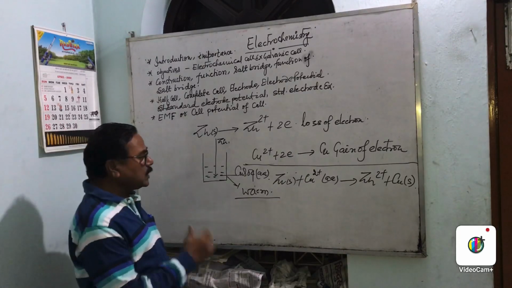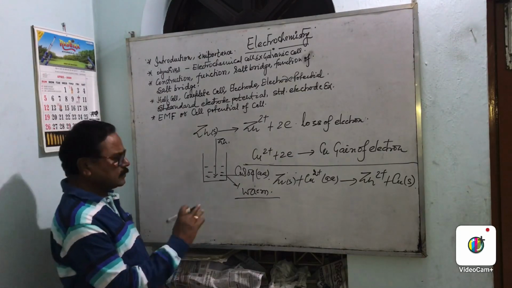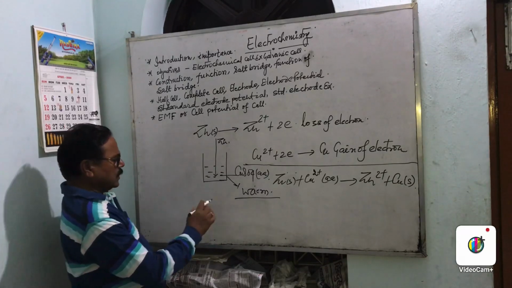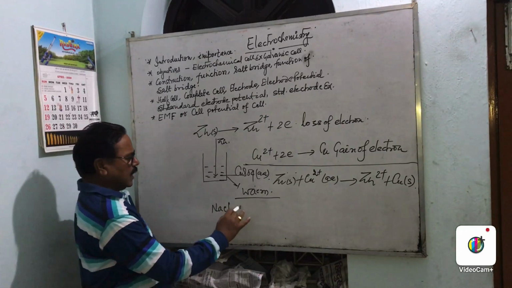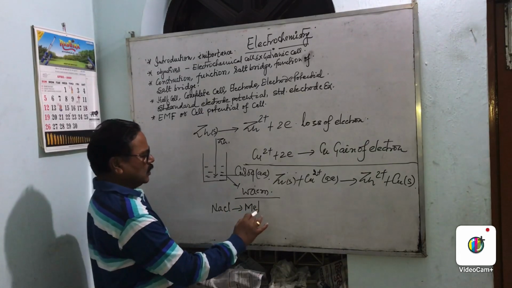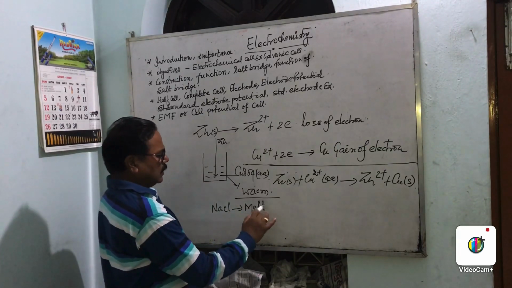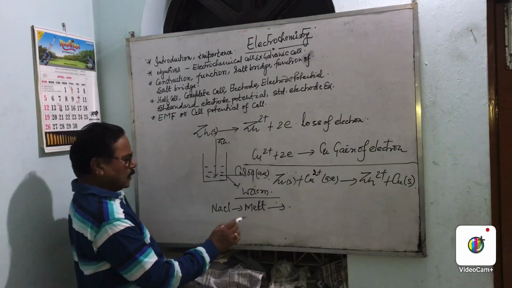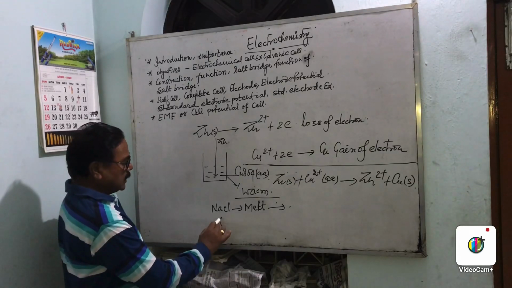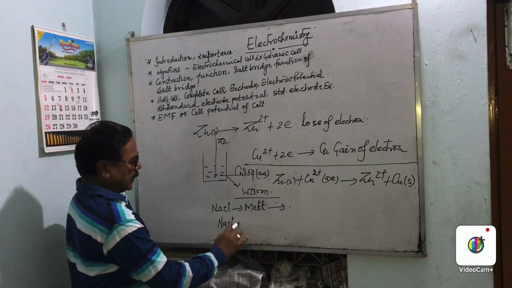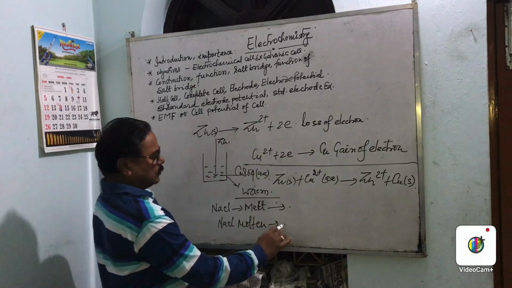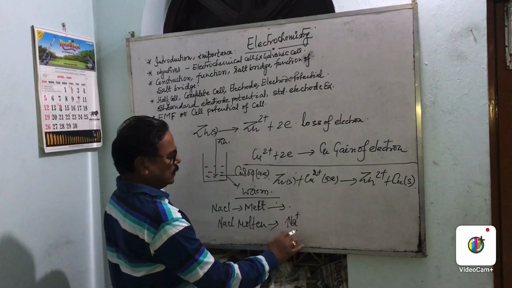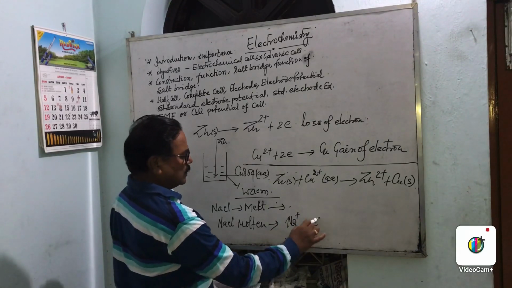And suppose we take another example, NaCl. If it is not melted, this is a non-spontaneous reaction. Nothing will happen. Now, if molten NaCl is taken, it will break up to give Na plus ion and Cl minus ion.